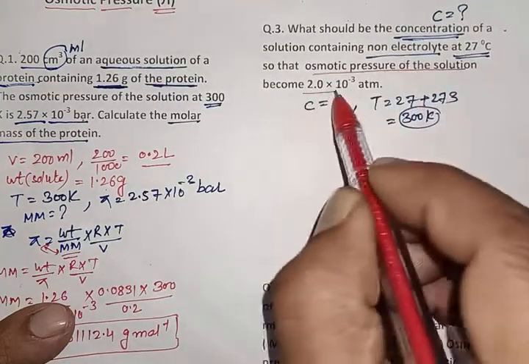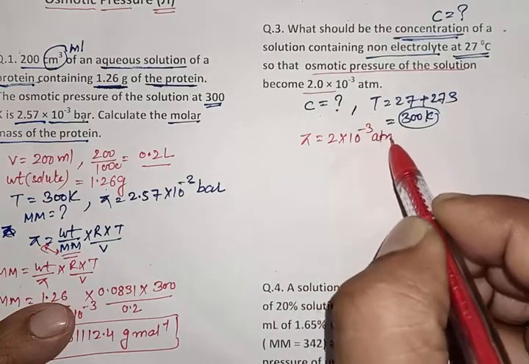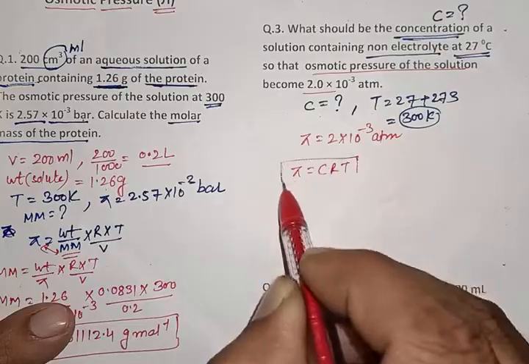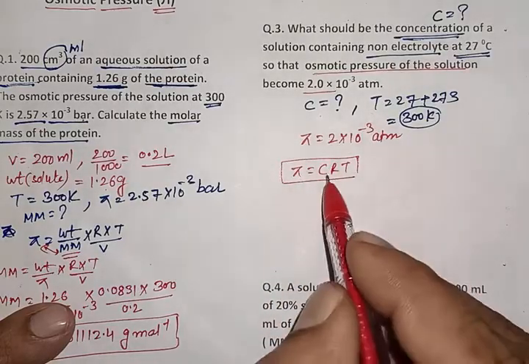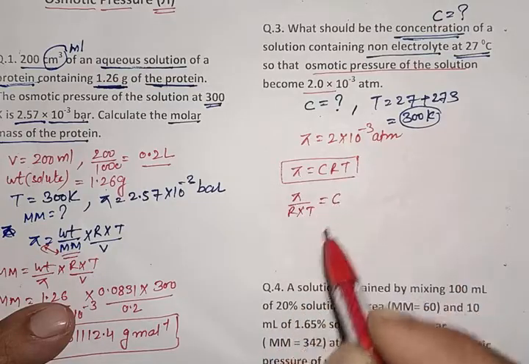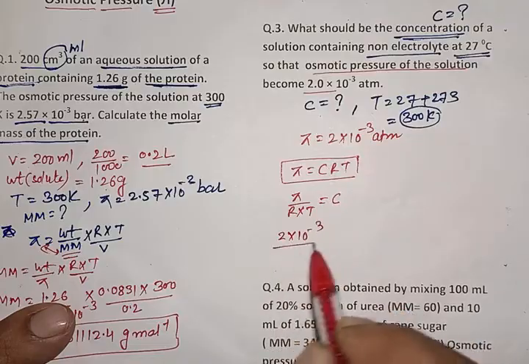The osmotic pressure of the solution, pi, is given as 2 into 10 raised to the power minus 3 atmosphere. We know that pi is equal to CRT. Here we have to determine the concentration, so pi divided by R into T becomes equal to C. Pi is given, 2 into 10 raised to the power minus 3.